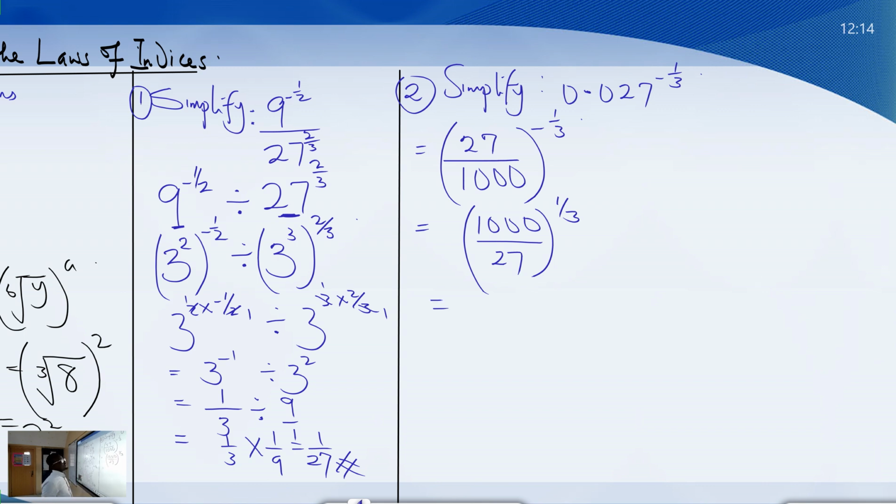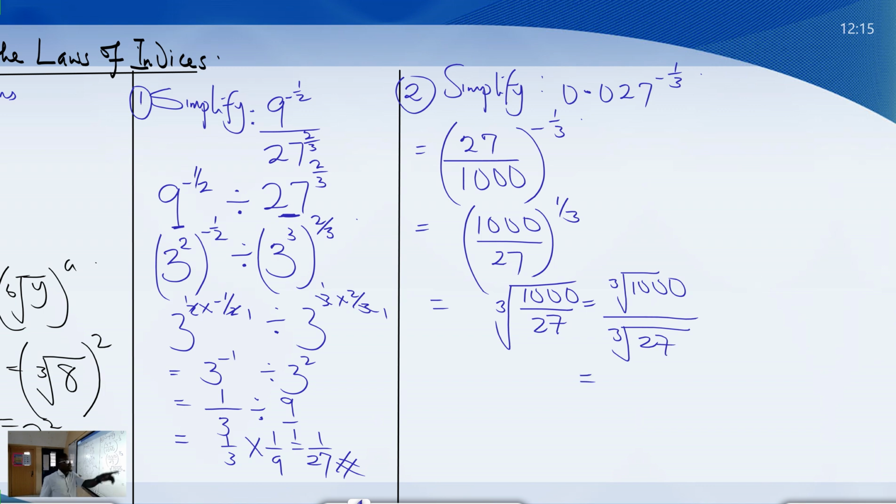So easily, any number raised to power 1/3 is the cube root of that number. So you can easily take the cube root of 1000/27. And what this means is cube root of 1000 divided by cube root of 27.